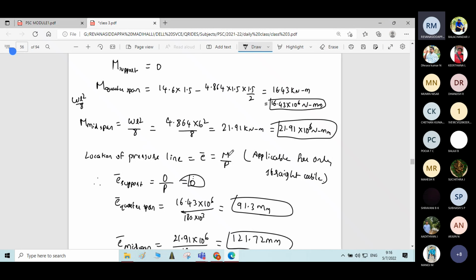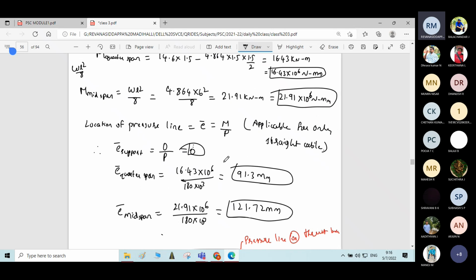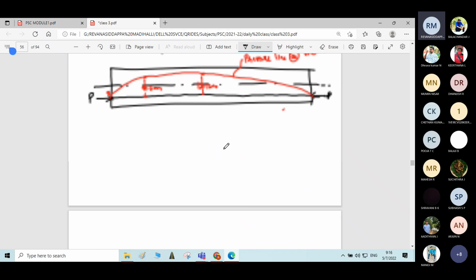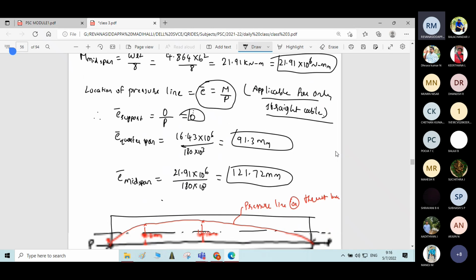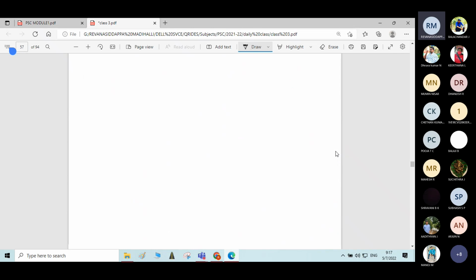Knowing the moment, you can locate the position of the pressure line or the thrust line by using this e is equal to M by P. And this e is equal to M by P formula is applicable only for straight cables. Remember. If it is a cable having some other different profile, then the procedure is different. Anyway, I will be solving a problem on that also.